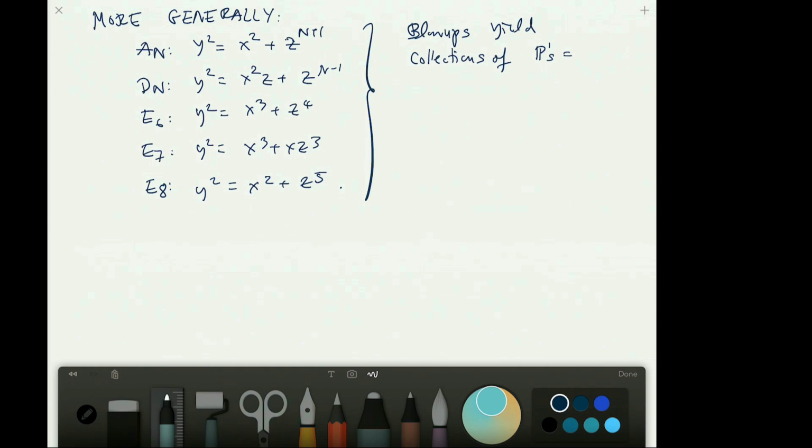Topologically, there are spheres intersecting in the corresponding ADE Dynkin diagram.